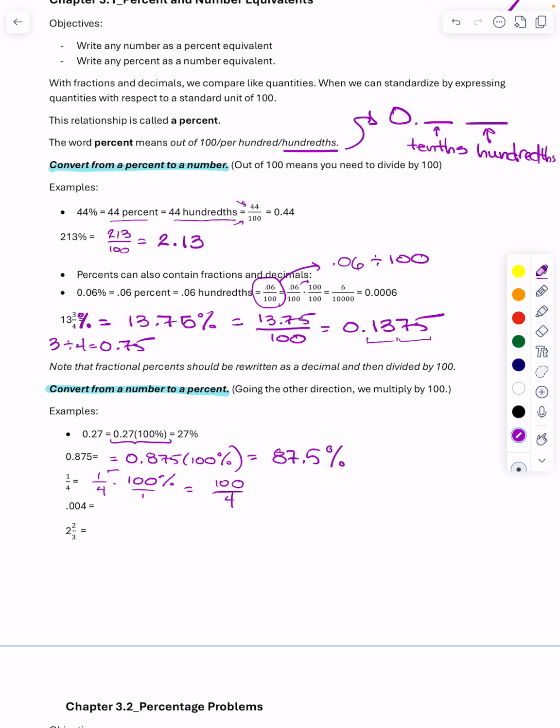So 1 times 100 gives me that 100 in the numerator. 4 times 1 gives me the 4 in the denominator. My percent hasn't gone anywhere, and 100 divided by 4 is 25%. We're going to divide at some point. It doesn't matter if you divide that 1/4 to start or if you divide the 100 by 4 at the end. Whatever makes the most sense to you is fine.